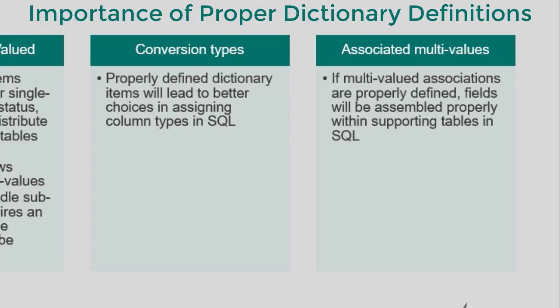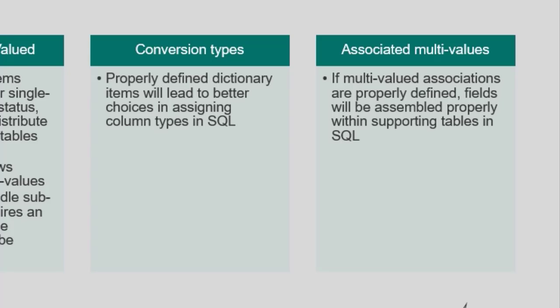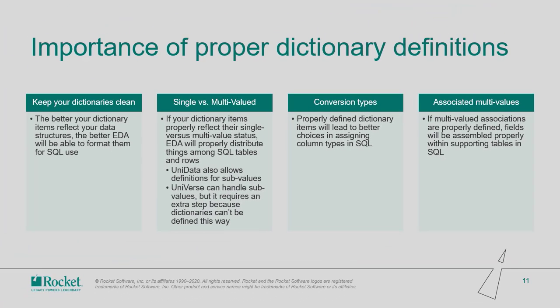If you have associated multi-values defined, that's going to make things a whole lot smoother for you because any multi-value fields that are associated will appear in a single table, with all the fields included there. If you have multi-values that are not associated, each one will appear in its own SQL table, and that can make things pretty ugly for the SQL folks that need to try and join all that together on the back end.